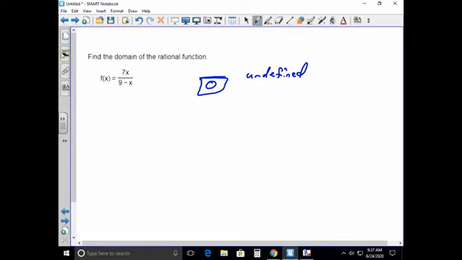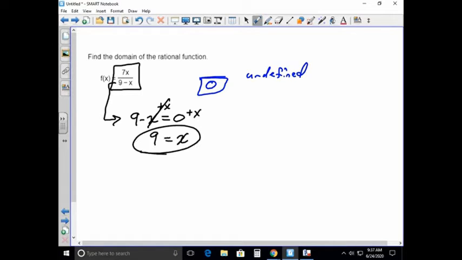So any number that would make this fraction have a 0 on bottom is a number that we can't use. We ask ourselves, what would make the denominator, whatever the denominator is, equal to 0? In this case, to get x by itself, we can add x to both sides. So in order for the denominator to be 0, that occurs when x equals 9.